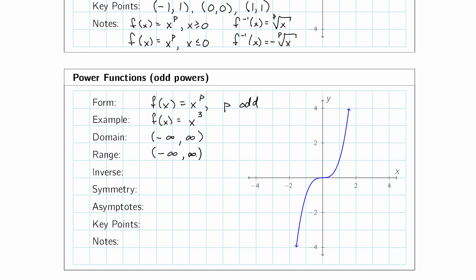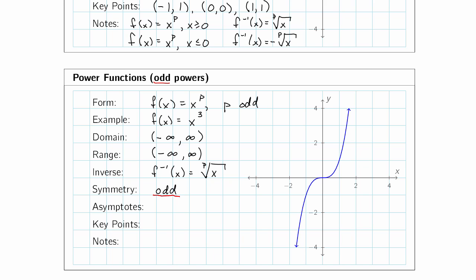Odd power functions are 1-to-1, so they have a true inverse, which is the pth root. The even power functions were even, the odd power functions are odd. And again, that naming is not a coincidence.